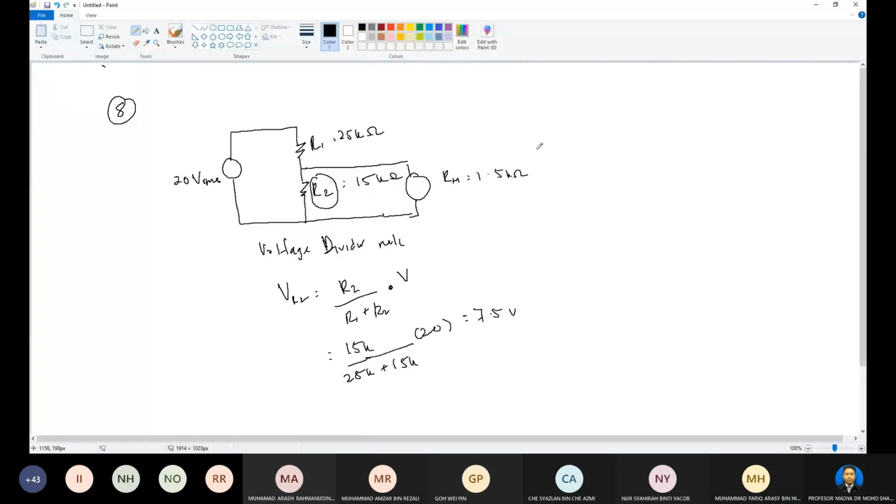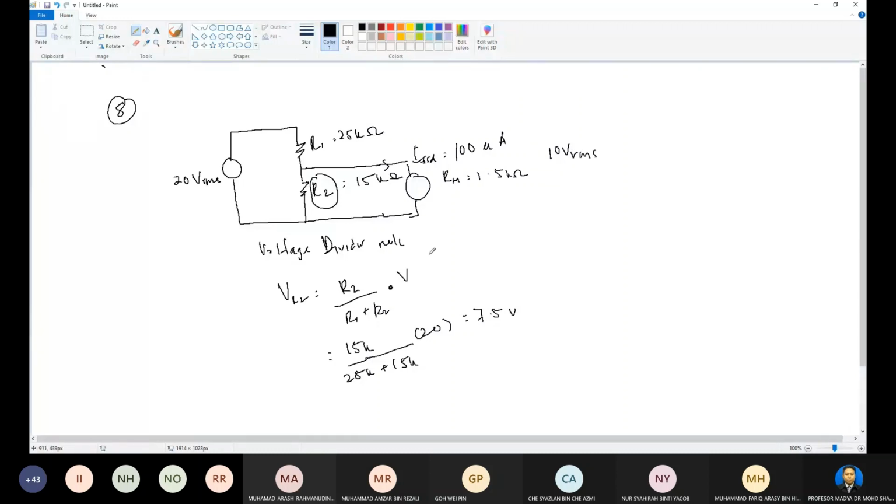And then we use the 10 volt range, and we use 100 microampere. This we call the full scale deflection current. So 100 microampere, and the range is 10 VRMS.